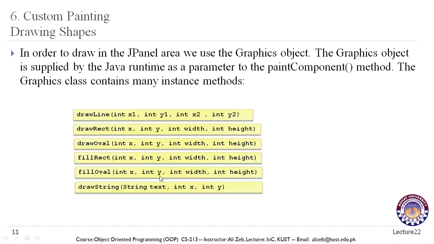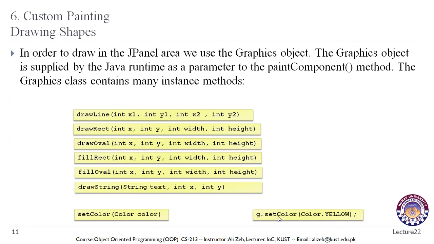It has a text argument and the position of that text on the JPanel. The setColor method is used to set the color of our drawing objects. For example, when we set the color and then draw a fillOval, the oval will be drawn in that color. We can get the color or set the color to one of these colors as well through the object of the Graphics class.